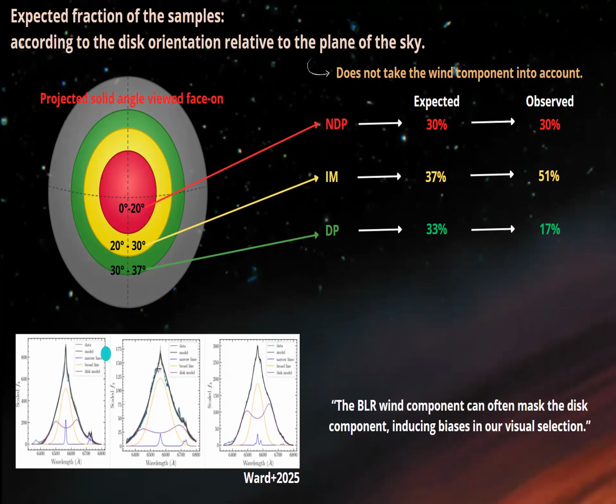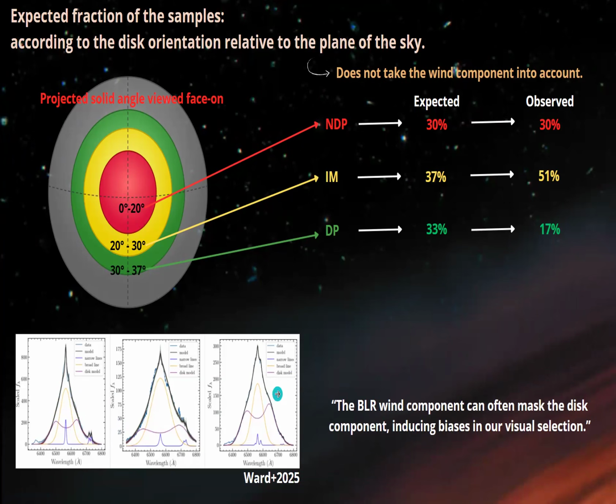Here I show to you some examples of quasars from Charlotte Ward's paper, which are highly inclined, but they have an additional component attributed to the broad line region winds. And this additional component makes the emission line shape very similar to the one that we used for the intermediate sample, shifting some objects from the DP group into the intermediate group in our selection.